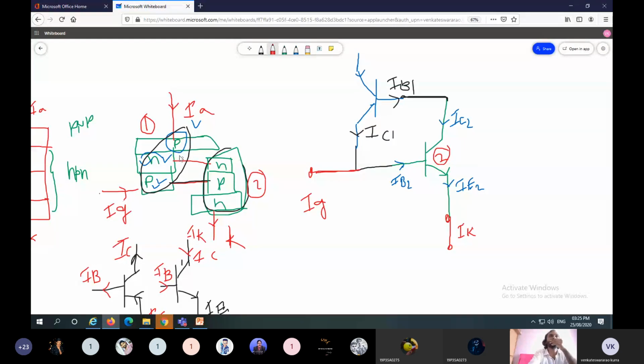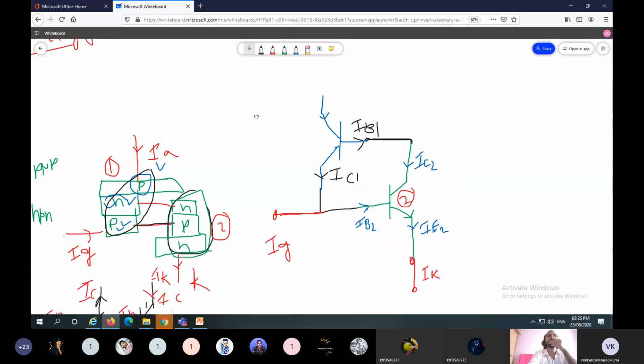And anode is connected to P of first transistor, so it means the emitter. This one is anode current IA.